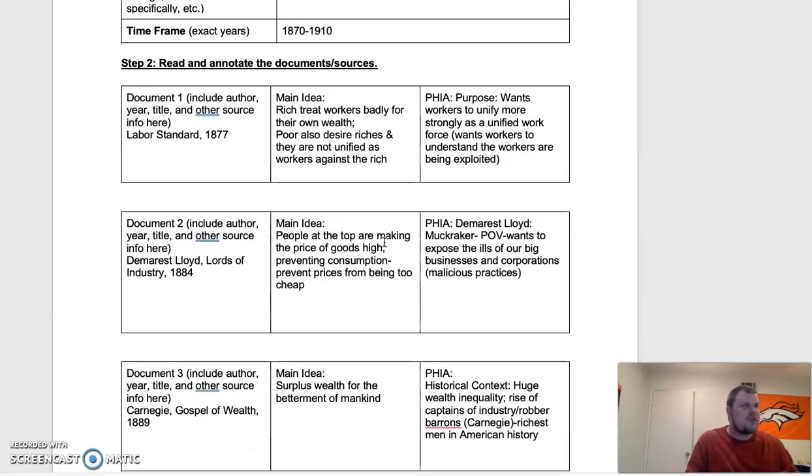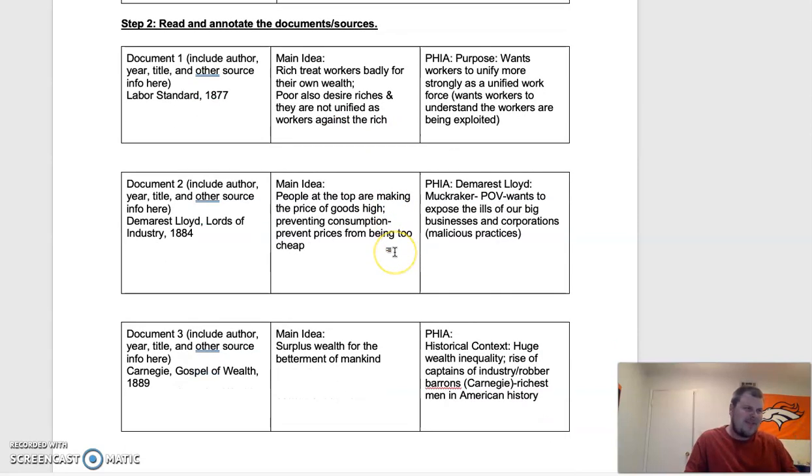Okay, so look at document 2. We see that the rich, because they have so much power, are able to make the price of goods extremely high. They prevent consumption because of the hold they have on the amount of goods. So that's a problem. Surplus wealth for the betterment of mankind. Okay, so this is Carnegie talking about this.